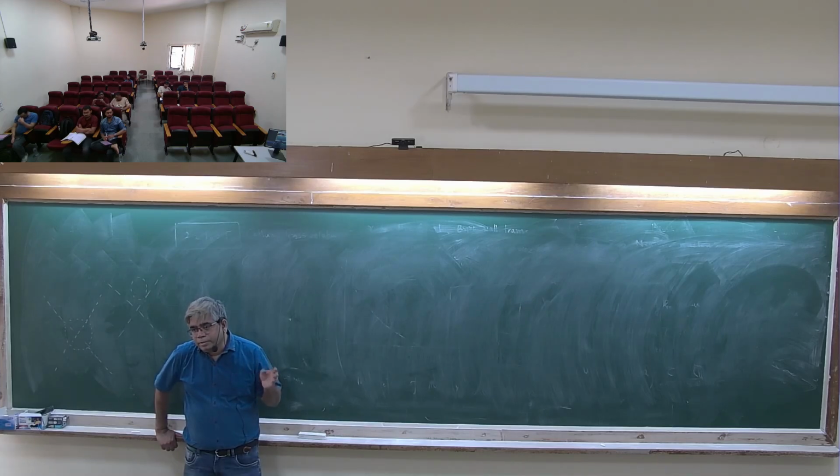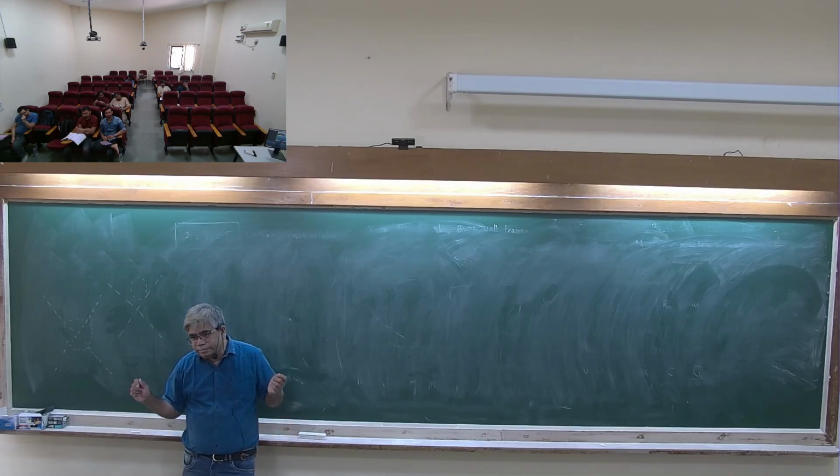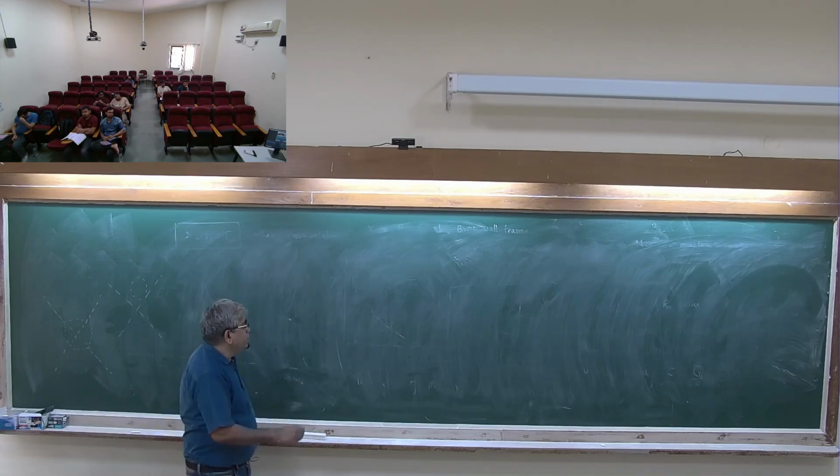But people are now saying that it's not anthropic, because there are these bounds derived by Agrawal and company and also by Weinberg, that you cannot have any value in any universe. The value should be very precise, otherwise galaxies won't form. I think in '87 or so, Weinberg wrote a paper on the anthropic. It's a very interesting paper.